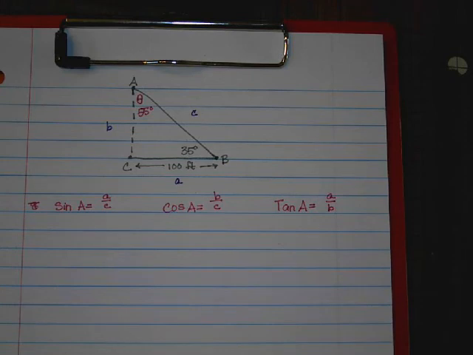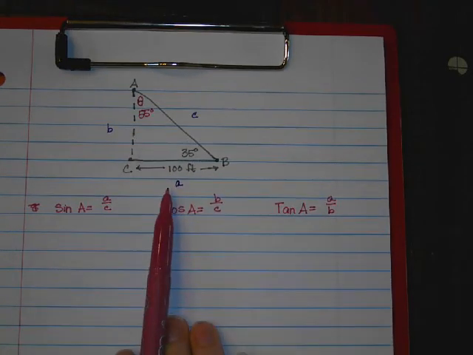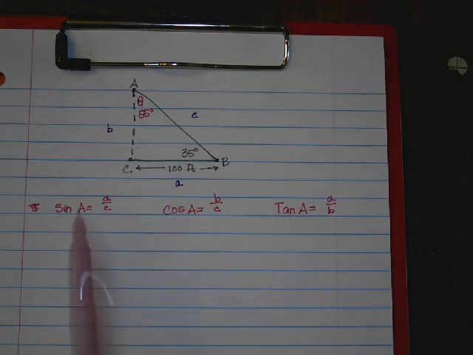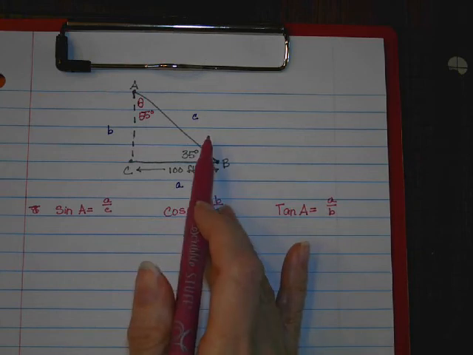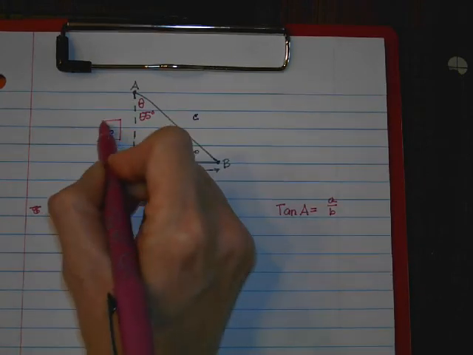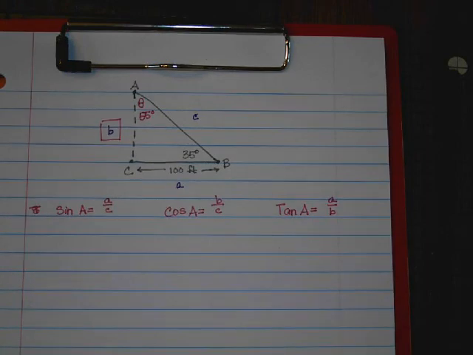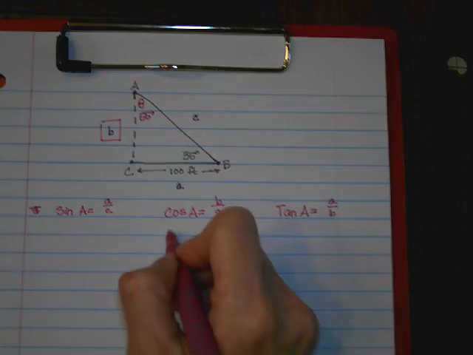Currently we know big A, 55, and little a, 100. That would help me find c, but I don't need to find c. I am trying to find b only for this story problem. So the sine ratio doesn't have what I need, and the cosine ratio doesn't have enough information.